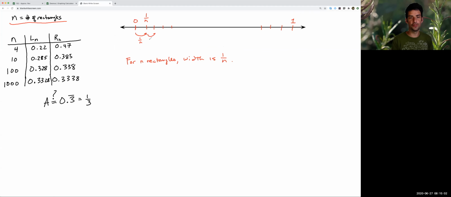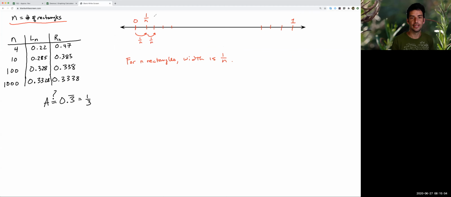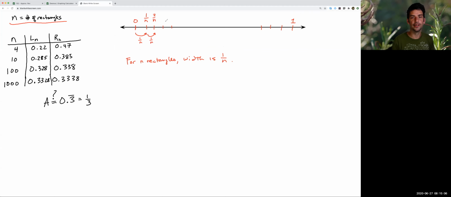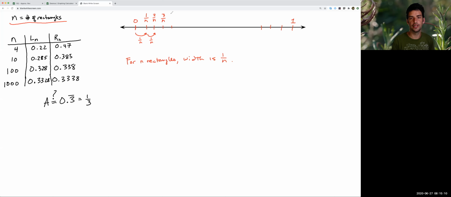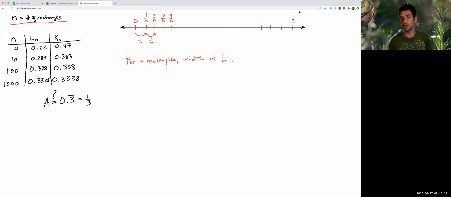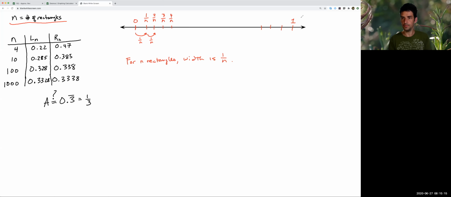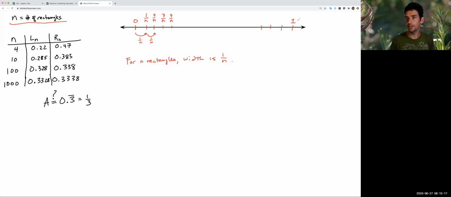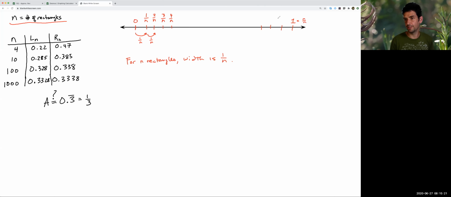I'm going to move 1/n over again, and so I'm going to have 2/n. Then the next interval endpoint is 3/n, then 4/n, all the way up to 1, which is just n/n. The one before it is going to be (n minus 1)/n, right?